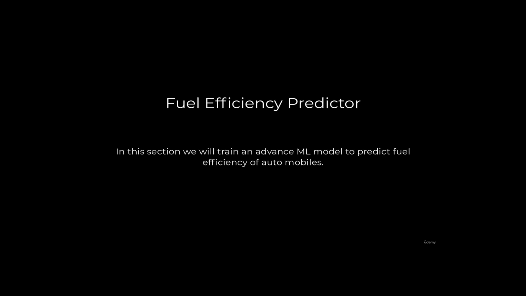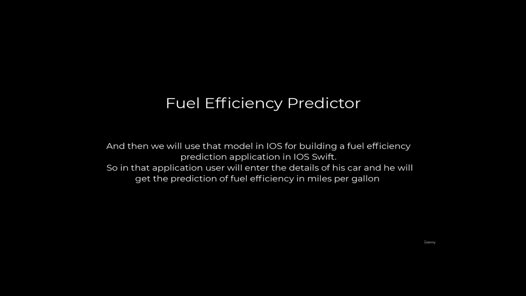And after that, we are going to train our advanced machine learning model to predict fuel efficiency of automobiles. And after training that model, we are going to build our fuel efficiency prediction iOS application. So in that application, the user will enter the details of his car and he will get the prediction about fuel consumption in miles per gallon.